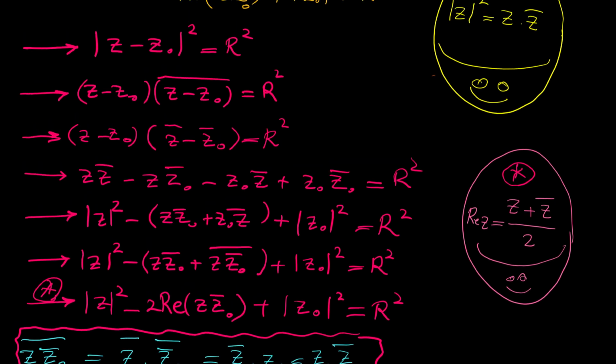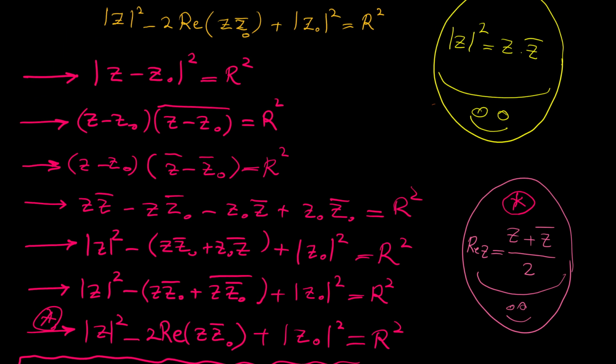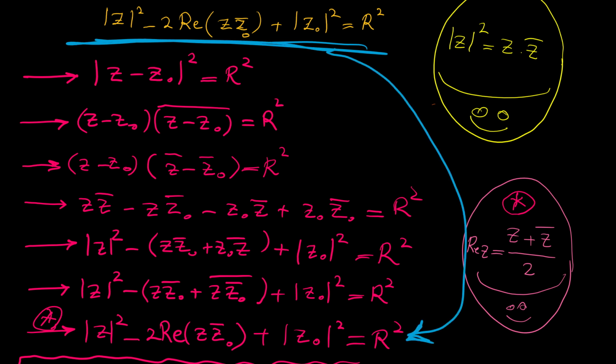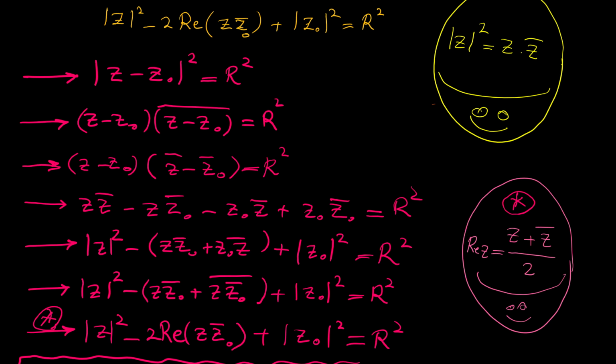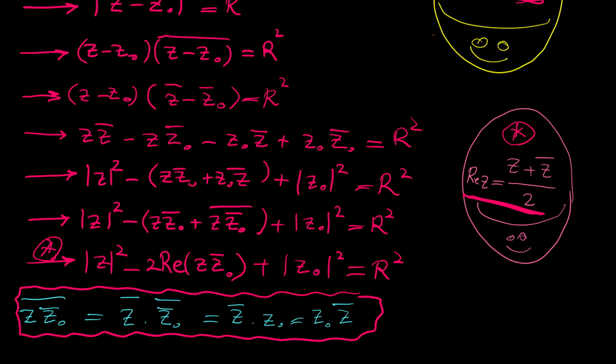And if you pay attention, this is exactly what we wanted to prove. Compare this equation with this. This is what we wanted to prove. So here we used two important facts. The first and the most important was this. The other fact that we used, this. And also this was important, that this term is the conjugate of the other term.